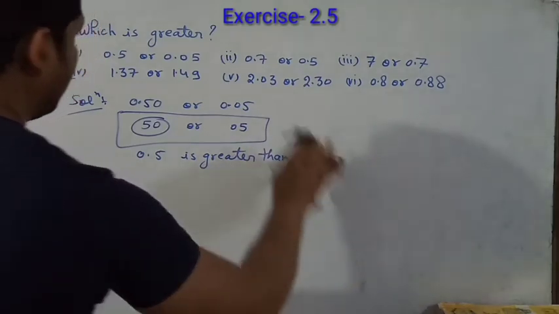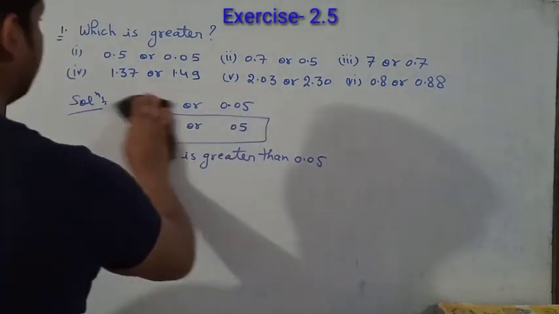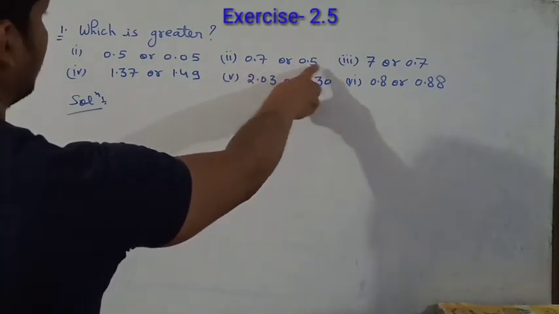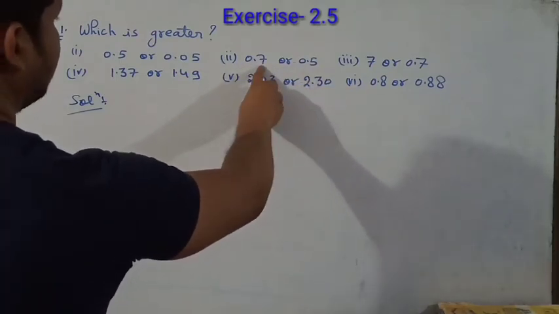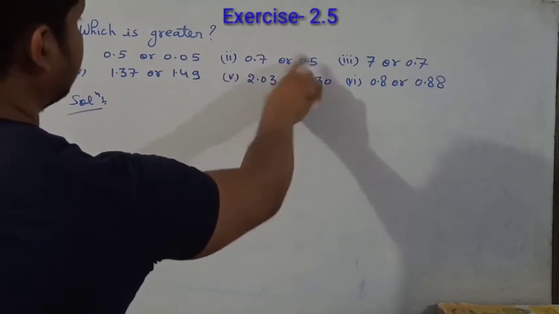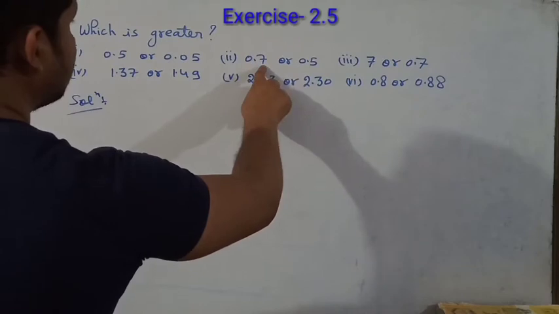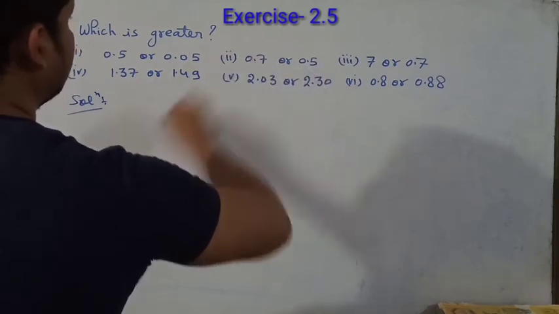So the next part is 0.7 or 0.5. Both have 1 digit after the decimal, the same digits after the decimal. So forget the decimal: 7 and 5. Which is greater? 7.